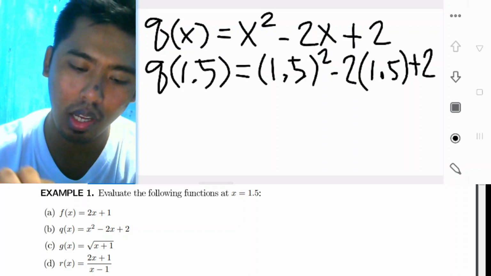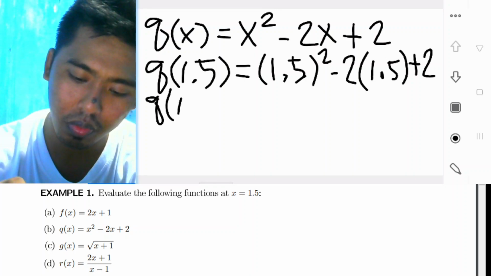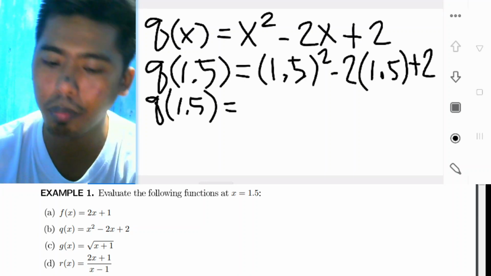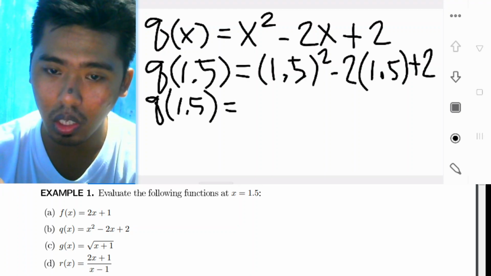Now next we have q of 1.5 is equal to 1.5 squared. That would be 2.25.